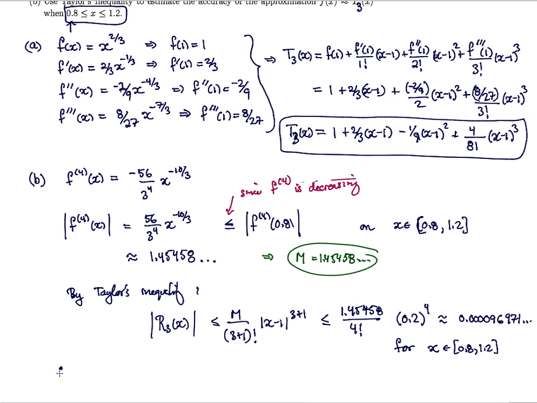So therefore, using the third degree Taylor polynomial, it approximates the actual function, x to the 2/3, to within 0.00097 on that interval 0.8 to 1.2.